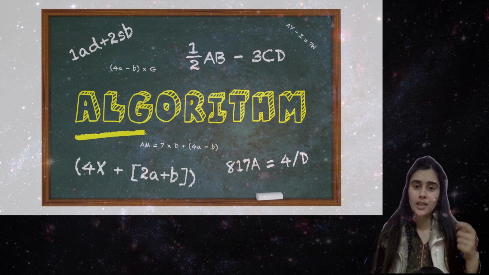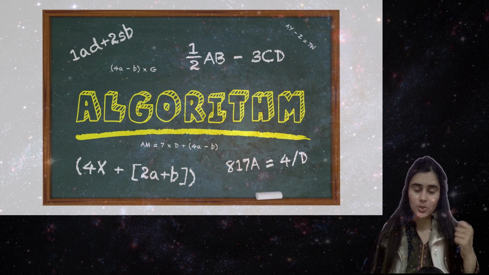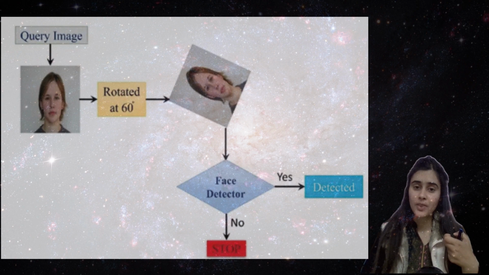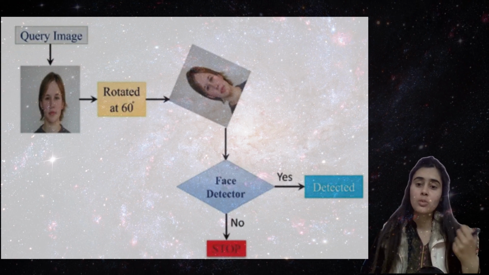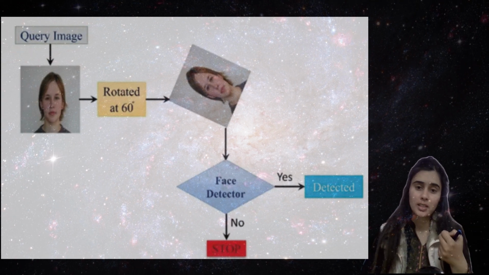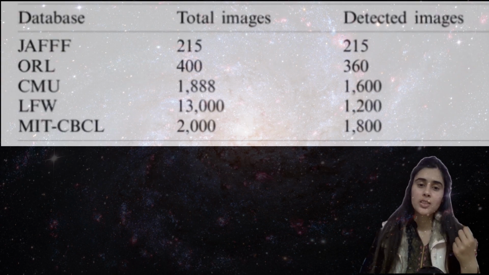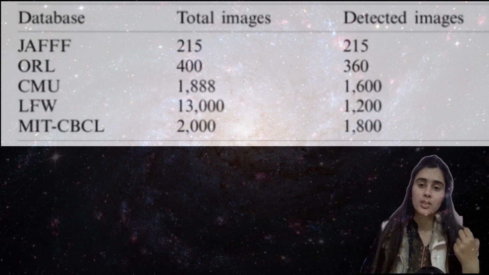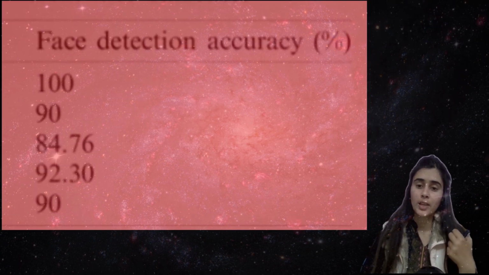So you have to apply that algorithm. After that, you can see here we rotated the image at 45 degrees, and here we got the detected face at 45 degrees. Here we use 3 different algorithms, and we have 5 different data sets. You can see the total images in each step, and then you can see the face detection accuracy.